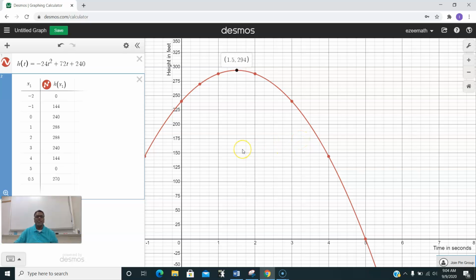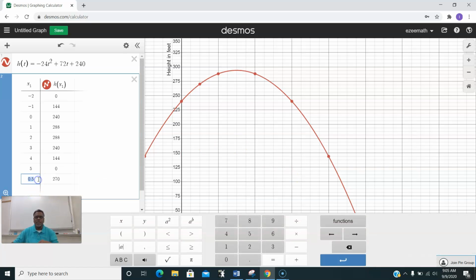And one more question they'll ask in the test and in any task that you have: at what point in this particular graph do you see a sharp increase or decrease in the height? Between which time interval? Let me cancel this half piece. You are seeing that from 0 to 1 second, there is an increase of 288 minus 240, that is 48 feet it went up.